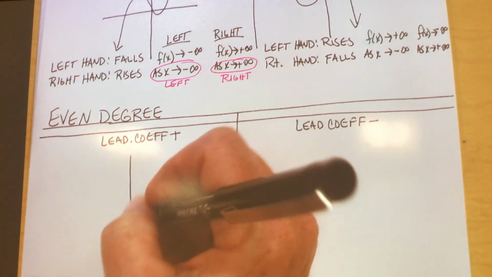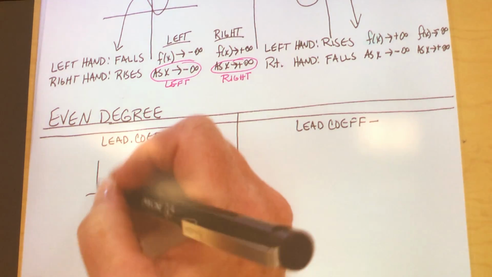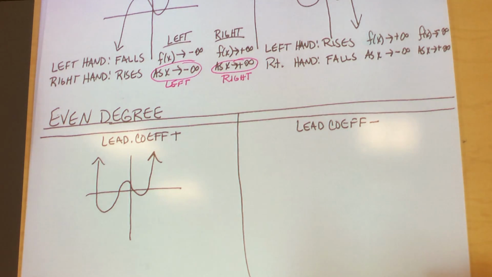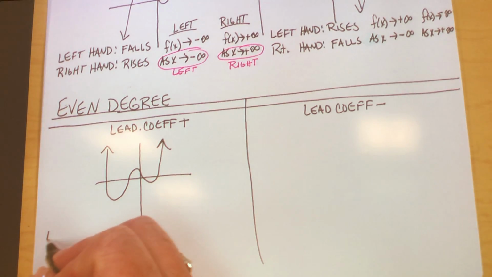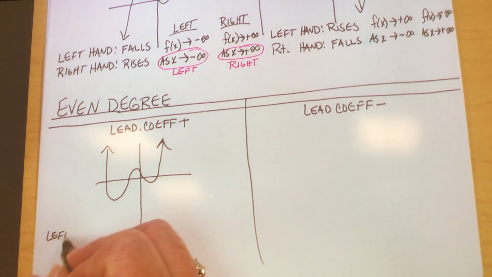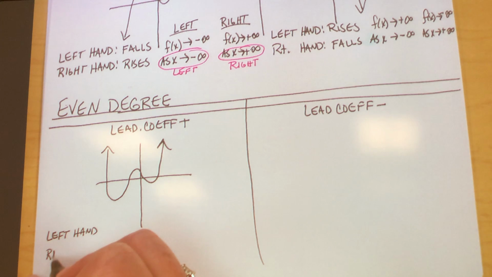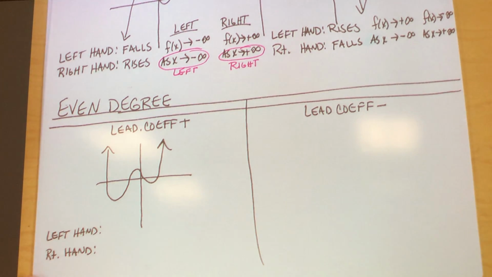So I'm gonna draw you a graph. A positive one could look like this. I want you to fill in this, left hand and right hand. I want you to do the little guy over here, the technical way of writing it.